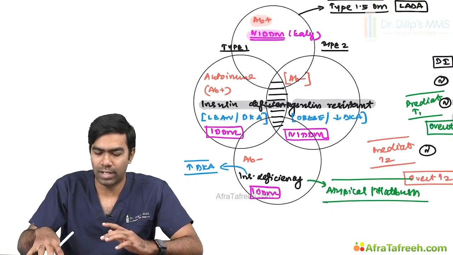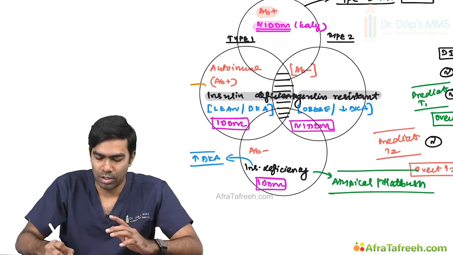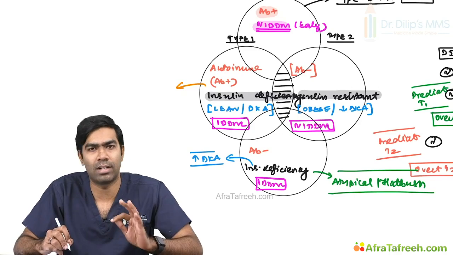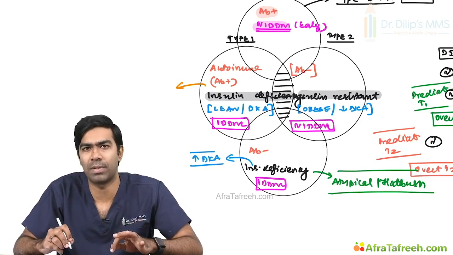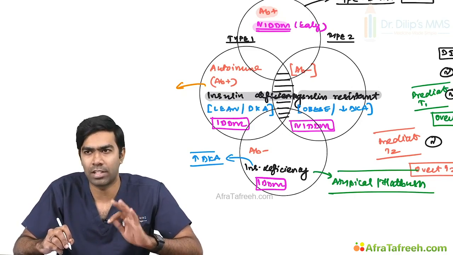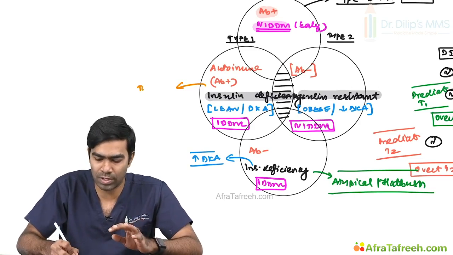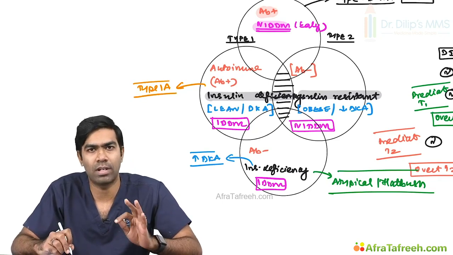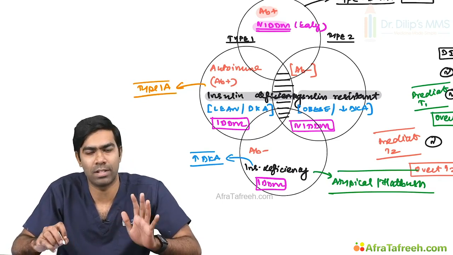So now let us see how you're going to call this. Classic autoimmune type 1 diabetes, where you get insulin dependent diabetes mellitus in the early age group, that is the childhood or juvenile age group, is what we refer to as classic type 1A diabetes, where you have antibody positivity and insulin dependency.